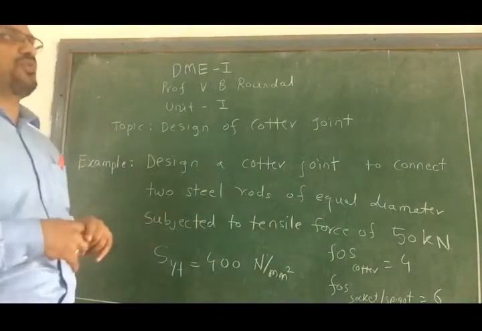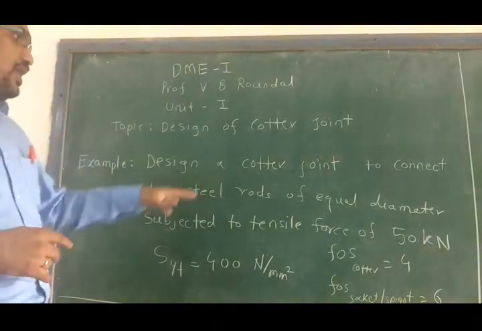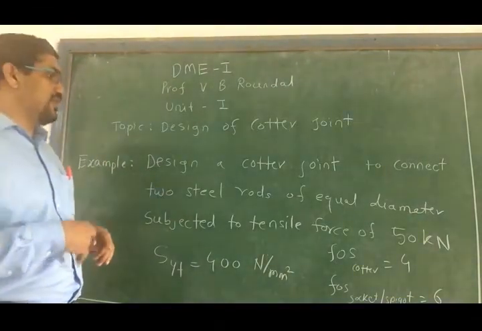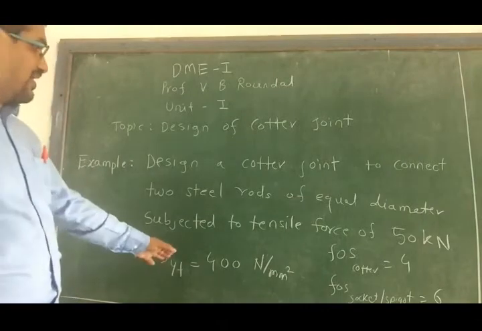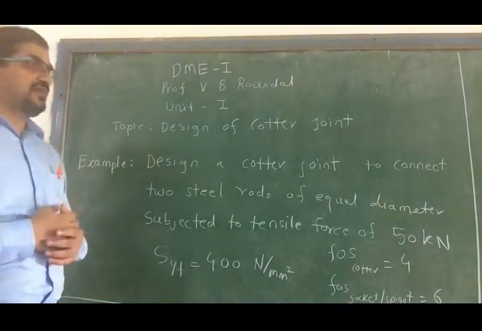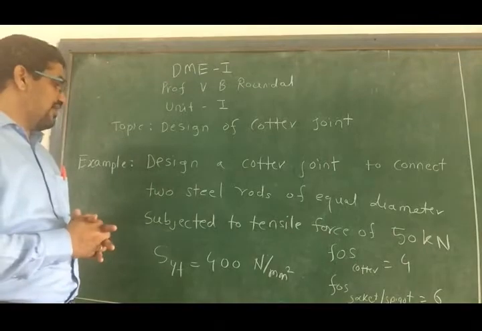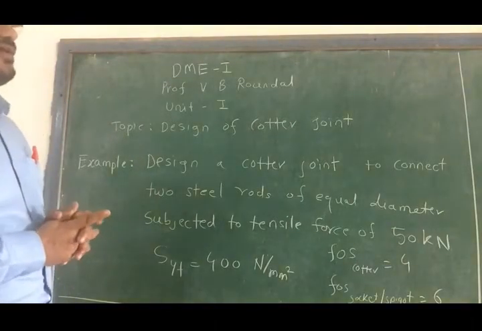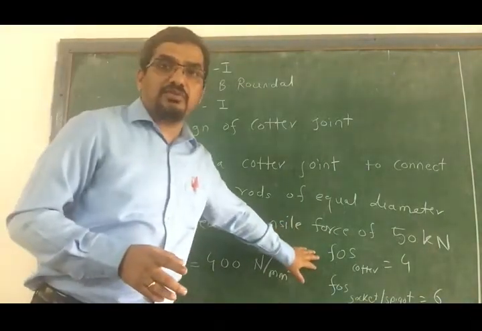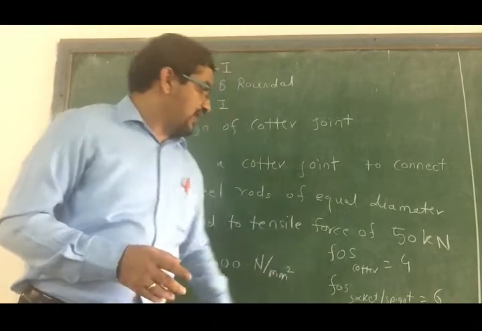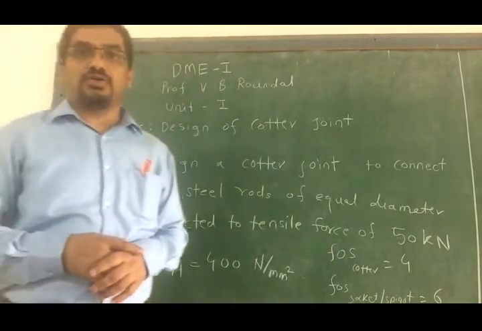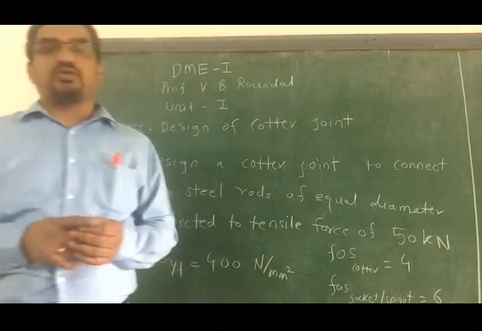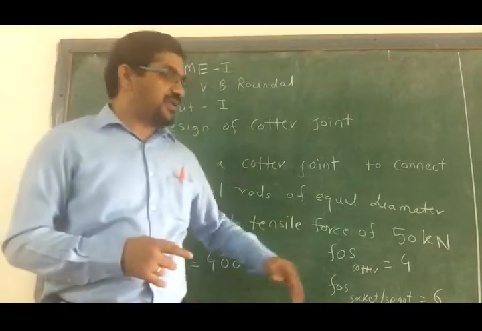It may be tensile or compressive, it doesn't matter, only the direction changes, and it is carrying a load of 50 kN. The material they have given has a yield stress of 400 Newton per mm square, and the factor of safety is 4 for the quarter, and the factor of safety is 6 for your spigot and socket. Now why is the factor of safety more?